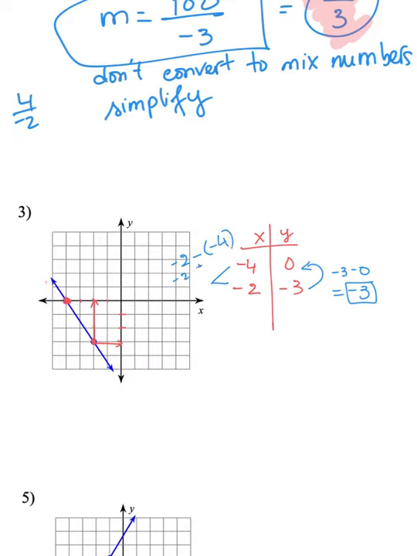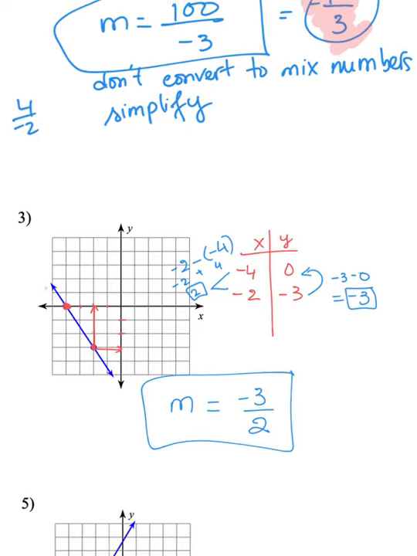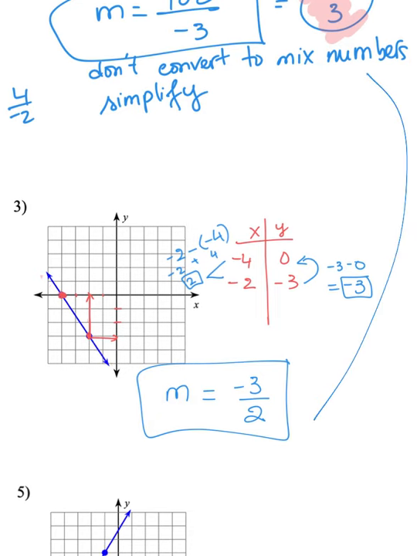Keep, add, opposite. The answer is 2. So change in y is -3, change in x is 2. So this is the answer. Again, don't convert to a mixed number. Keep it like this. If you need to simplify, you simplify it.